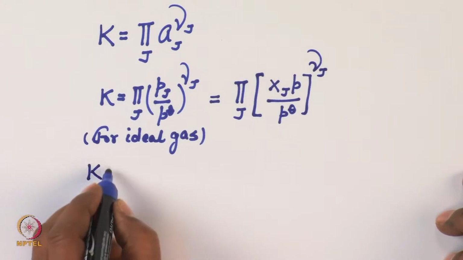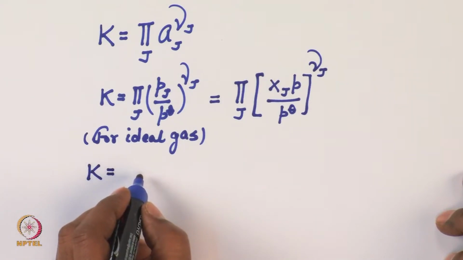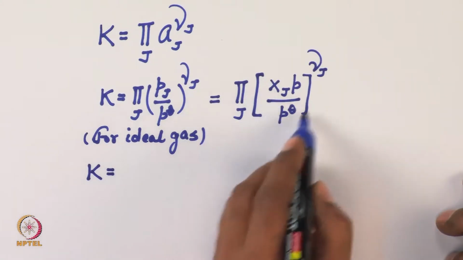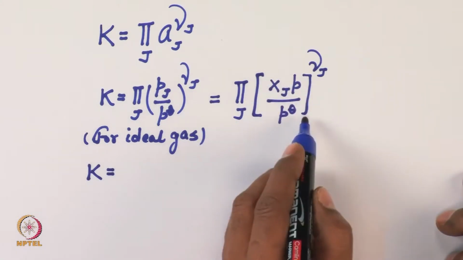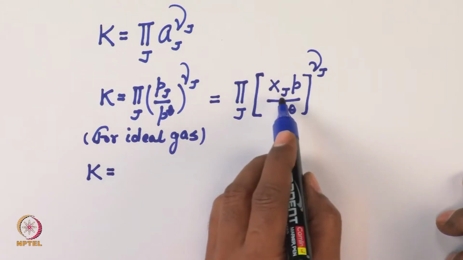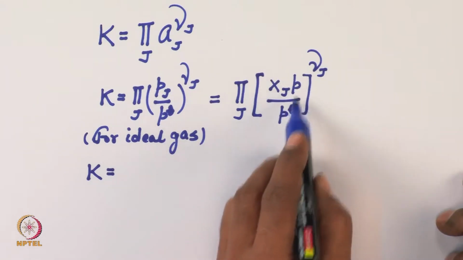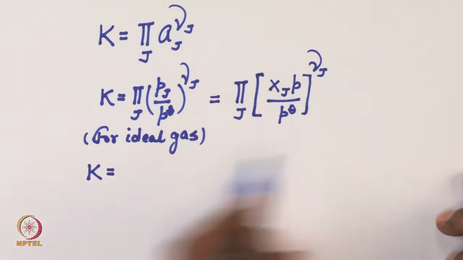Now, K I can write as, when I expand this, I will expand separately for mole fraction and separately for P by P naught.